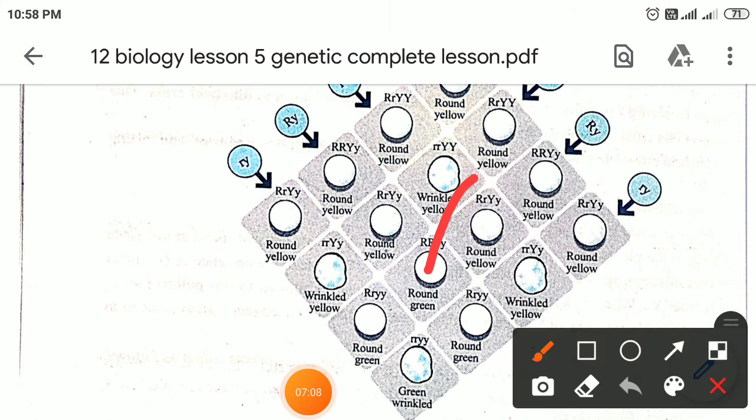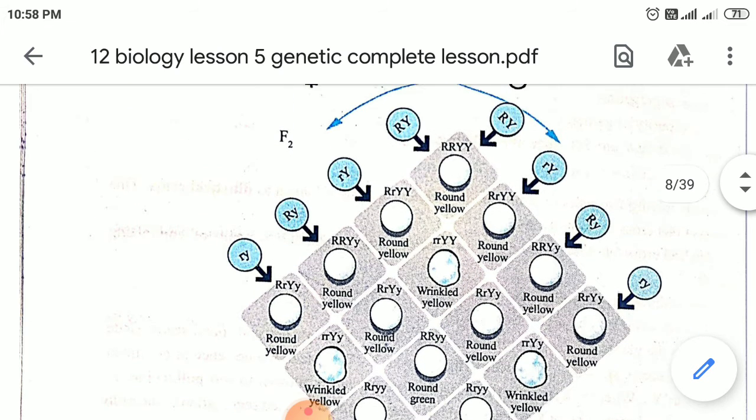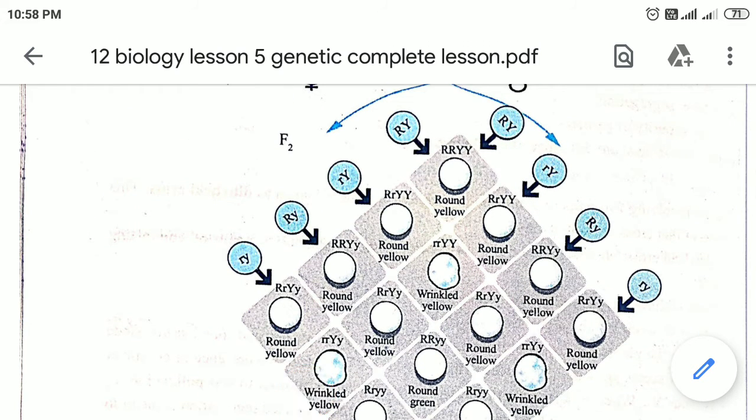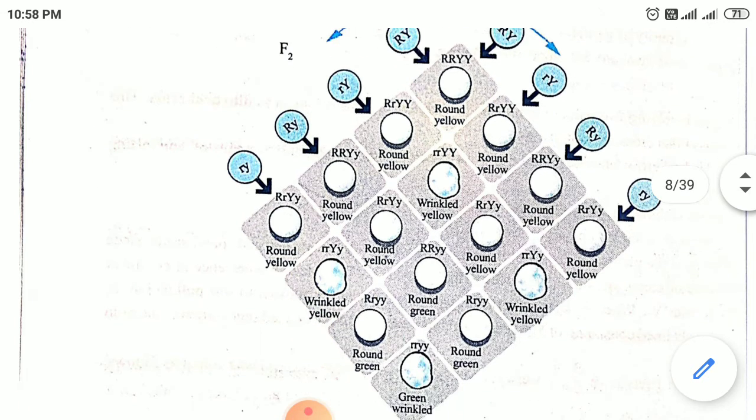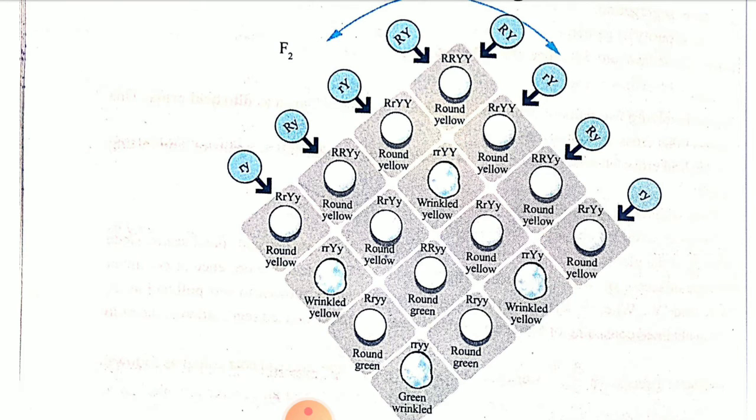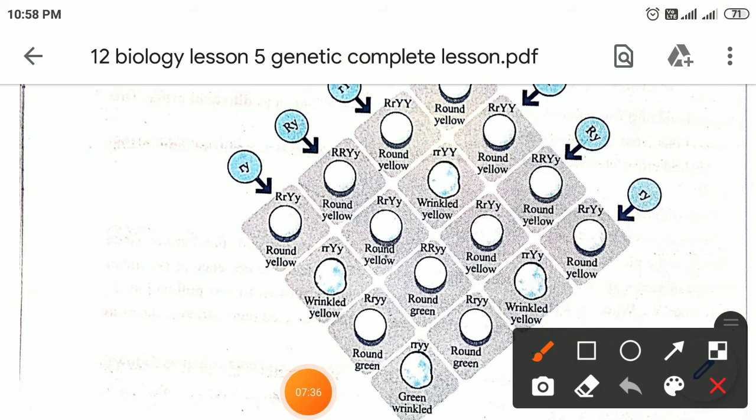Here, this one and this one. This, children, okay, and you can see here, children, this particular one and this particular one.